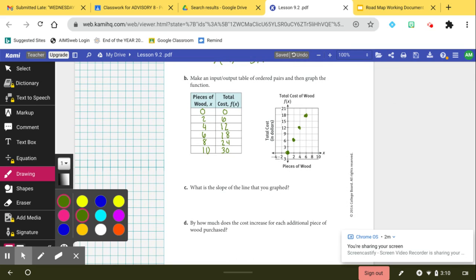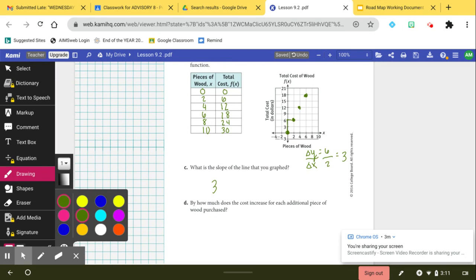So it says, what is the slope of the line that we graphed? Well, we go up 6 over 2. So change of y equals 6 over change of x, which is 2. So 6 divided by 2 is 3. So the slope of the line is 3. And then it says, by how much does the cost increase for each additional piece of wood purchased?